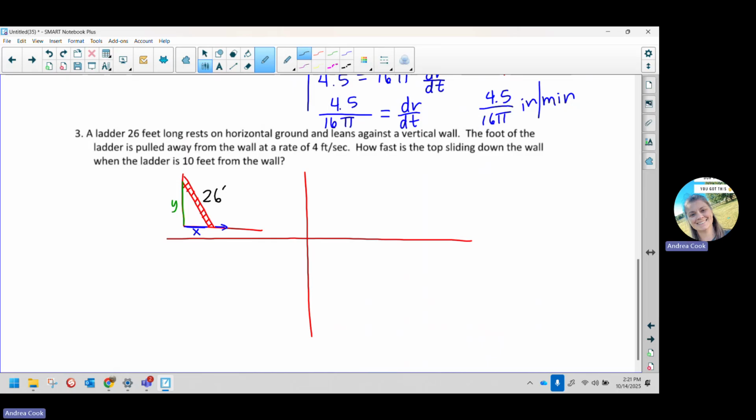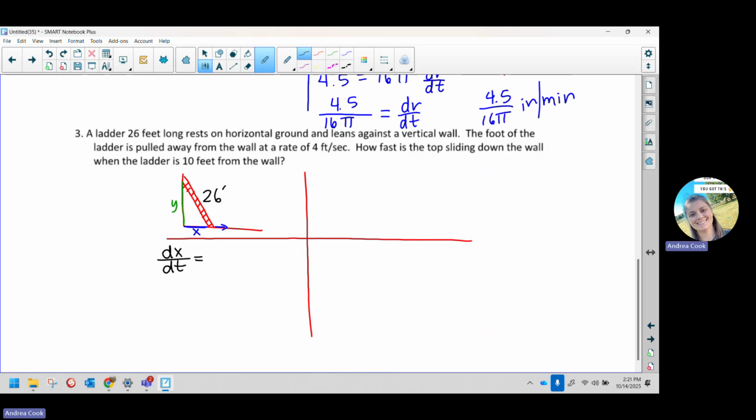Okay, so now that I have my picture labeled, I can write my rates in terms of my variables. Which variable is 4 feet per second? dx over dt.